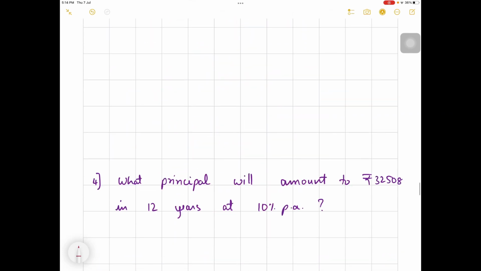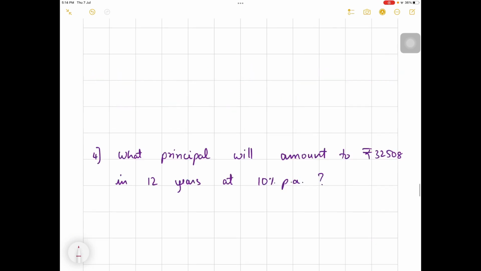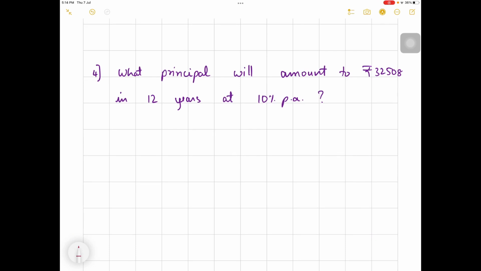Okay, let's solve the next problem. What principal will amount to 32,508 in 12 years at 10% per annum? So principal is not given, you have to find out the principal.